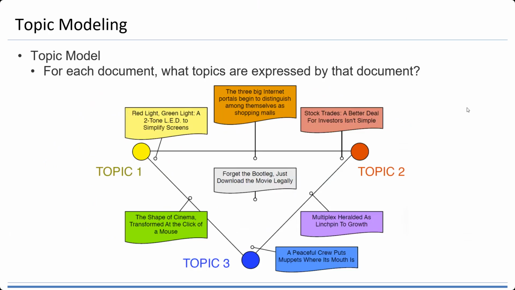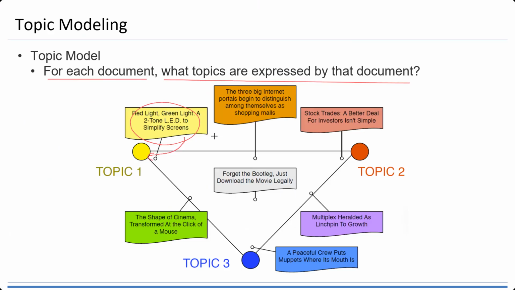With this kind of topic modeling, we can also find relationships. For each document, we can look at what topics are expressed by that document. For example, I have this document. In this document, it is most probably in topic number 1.